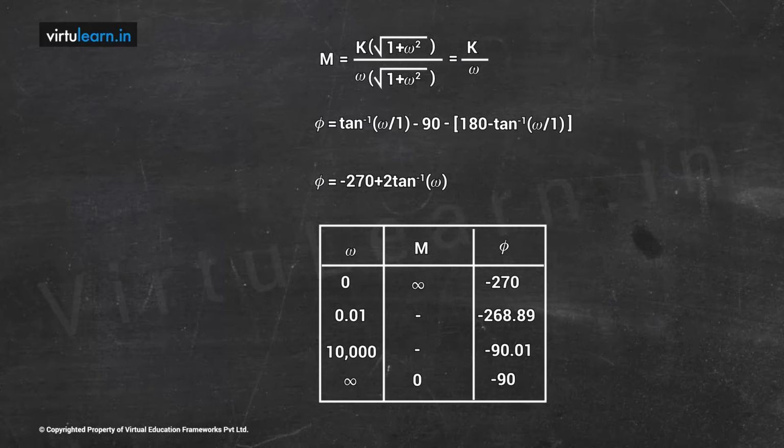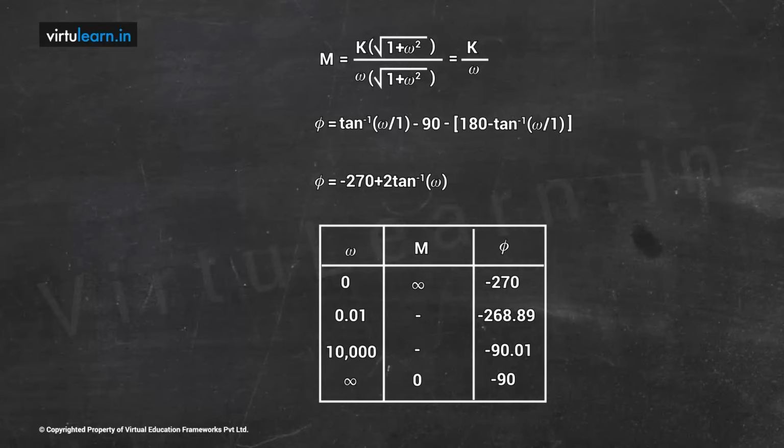See in between how the angles are. When you take a very small omega value, you will be very near to minus 270, that is minus 269.9. And at the ending, if before infinity you take any value of omega, let us say 10,000, the angle will be minus 90.1 something, which means the plot will be within the second and third quadrants only.